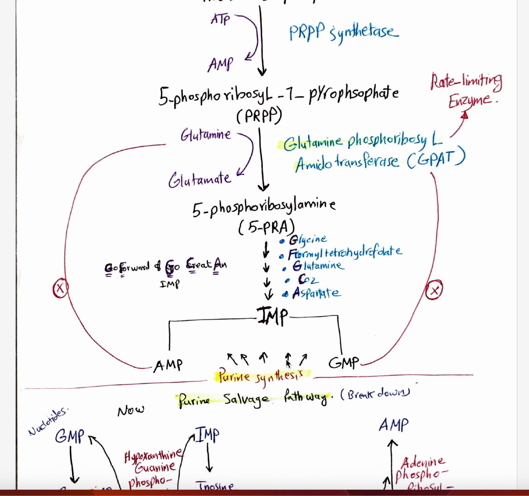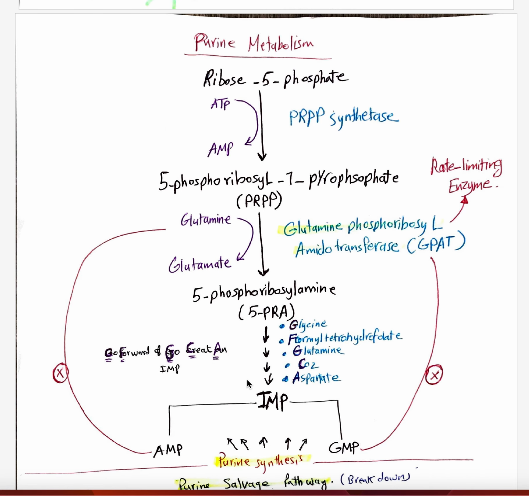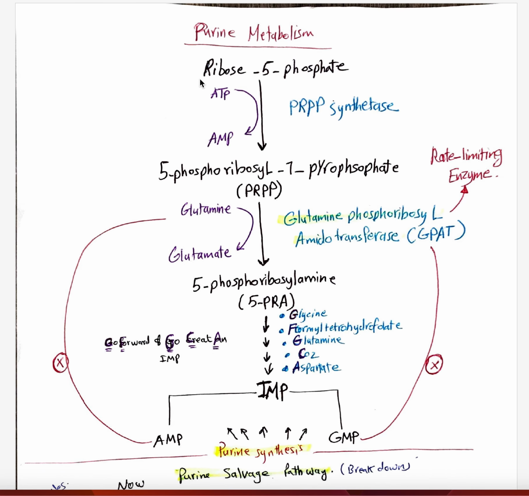Let's discuss first the purine synthesis. So in purine synthesis, we start off with ribose 5-phosphate. The ribose 5-phosphate will turn to 5-phosphoribosyl 1-pyrophosphate, and the enzyme is called PRPP synthetase enzyme.